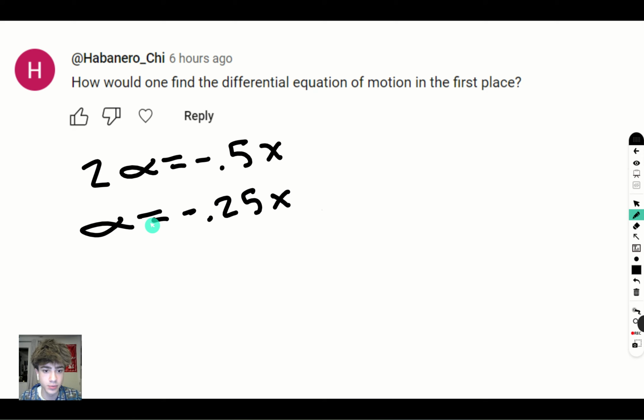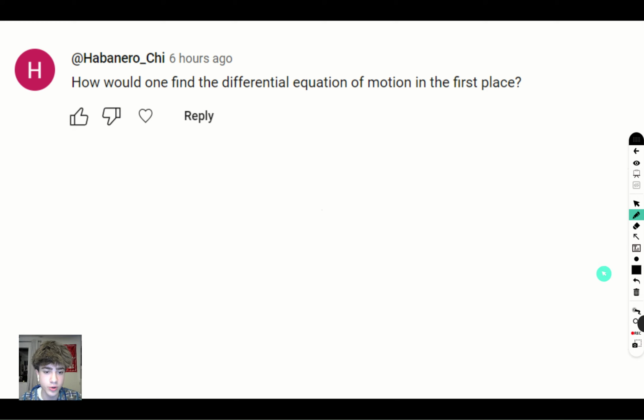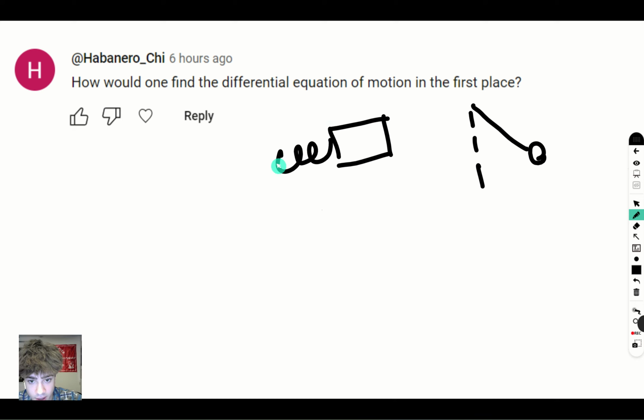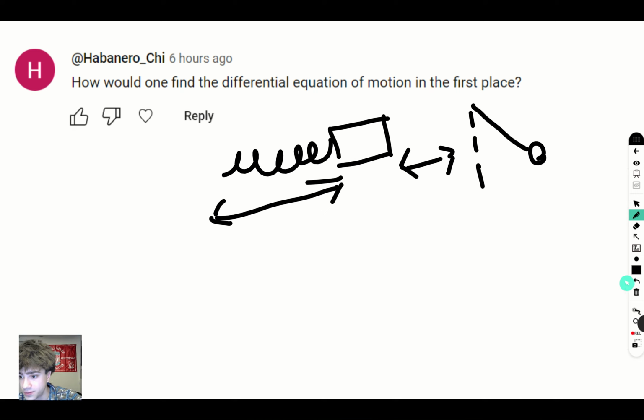Now, how did we get this alpha? This is very simple. There are different equations in which you can get alpha from, but let's just use the two most common examples, which is going to be a simple pendulum of a point mass that is oscillating, or a spring that is oscillating. So let's just get straight into these problems, and I'm going to show you how you would solve for alpha. And we're going to start with the spring first.